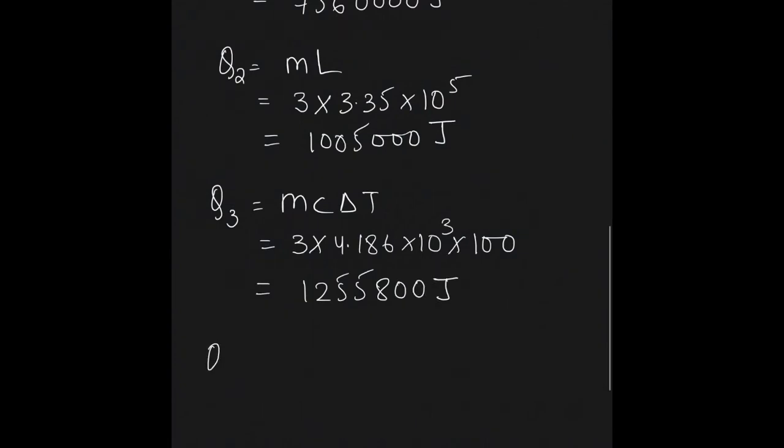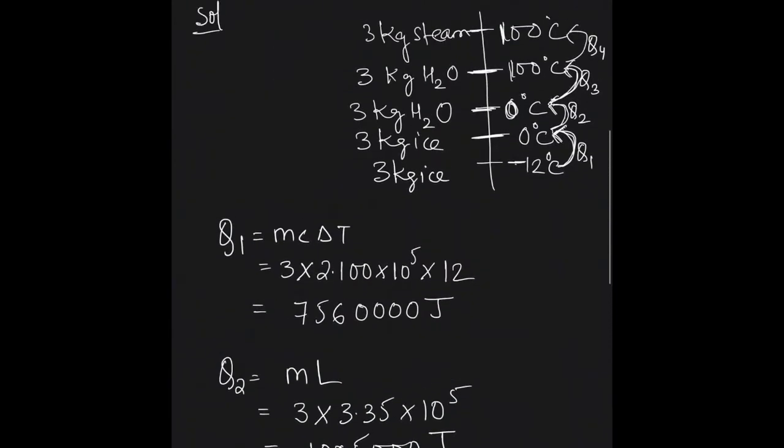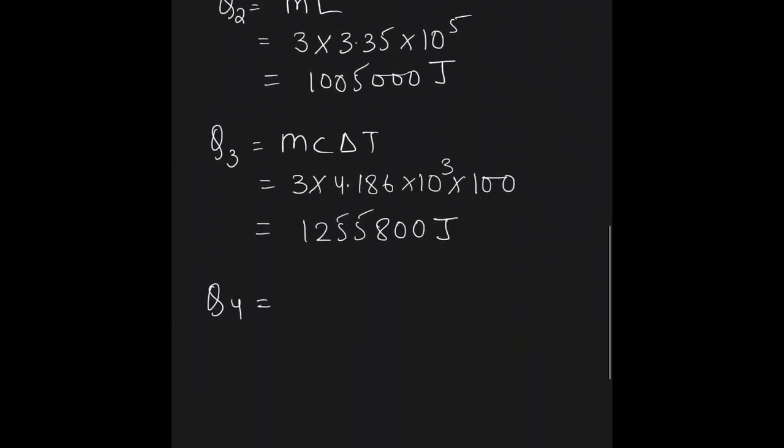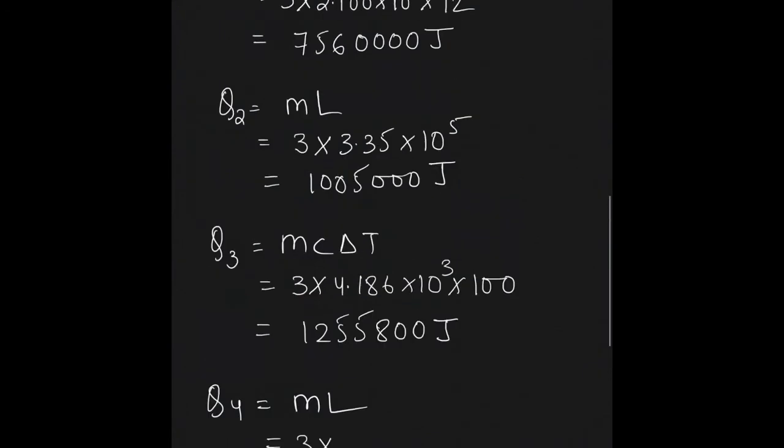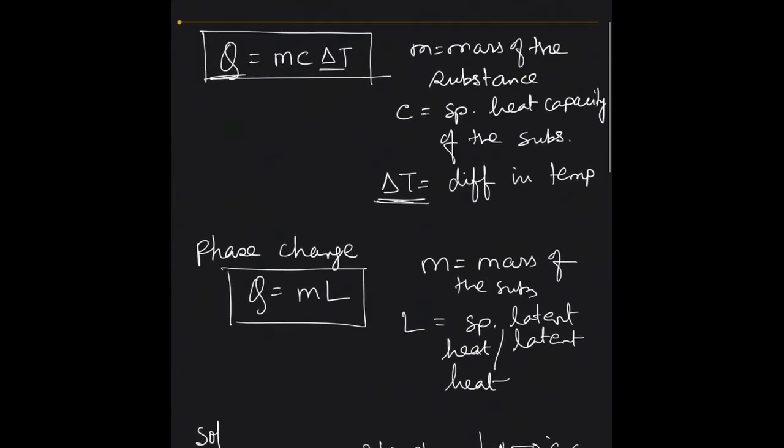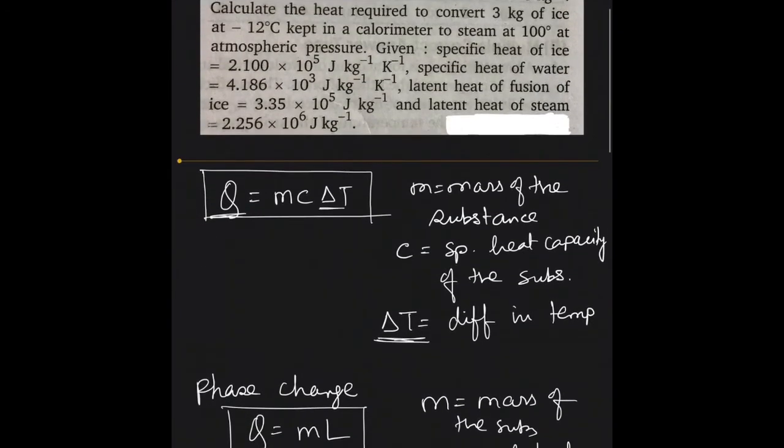1255,800 joule. Now the last term, Q4, how much heat this water at 100 degrees C needs to convert to steam at 100 degrees C. Q4. So once again there is change in phase, so the formula is Q is equal to ml. Mass is 3 kg and latent heat of steam, let's find out how much it is.